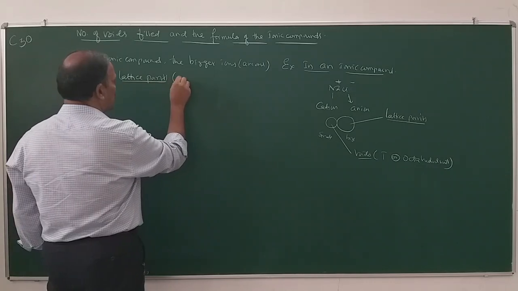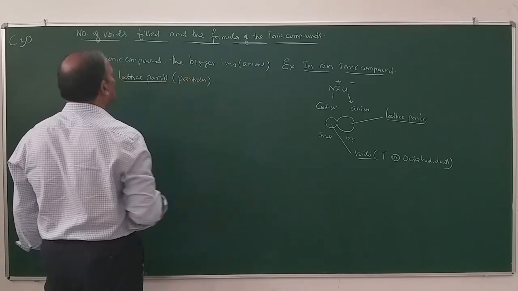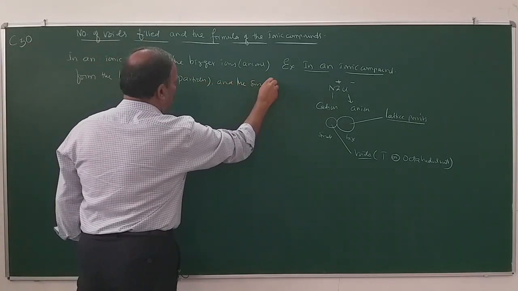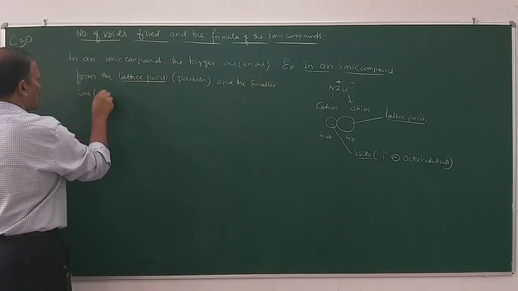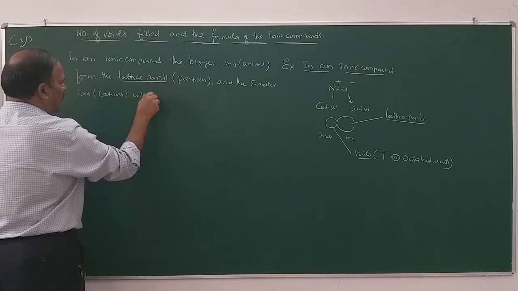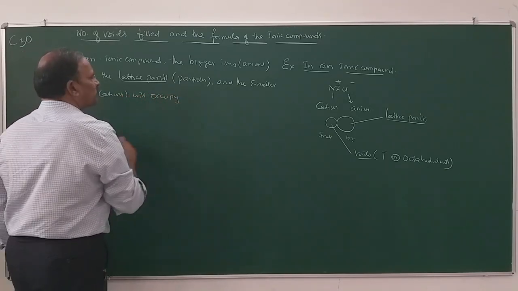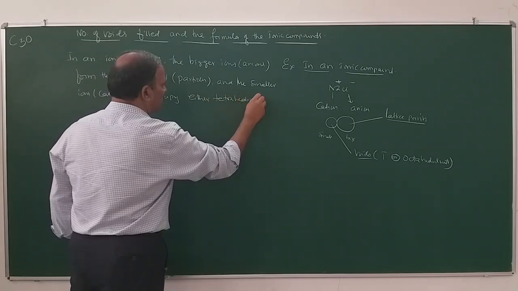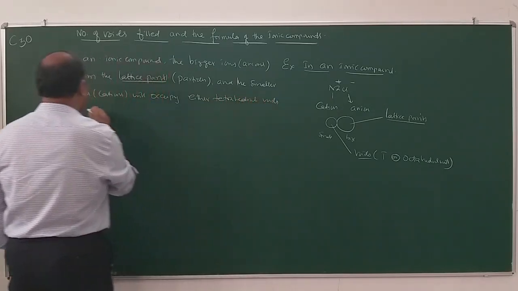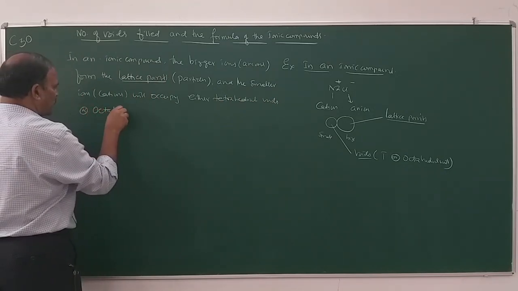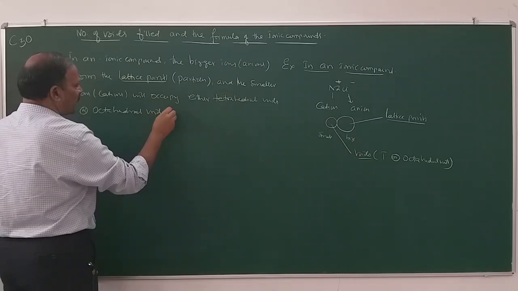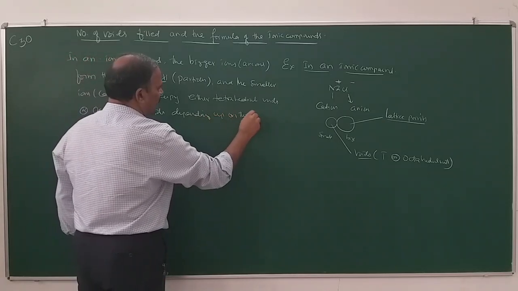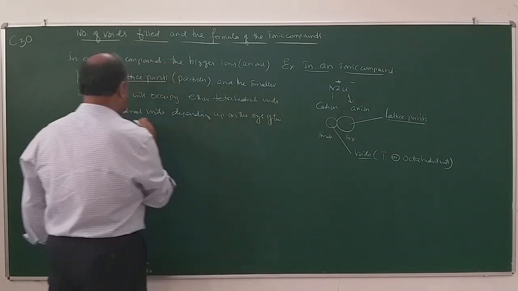They are lattice points, they are nothing but particles, and the smaller ions, usually cations, will occupy either tetrahedral voids or octahedral voids depending upon the size of the particles.